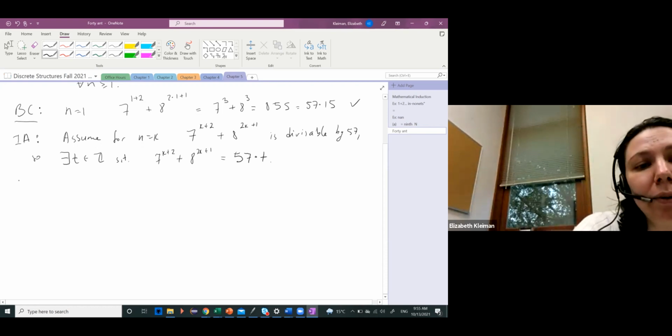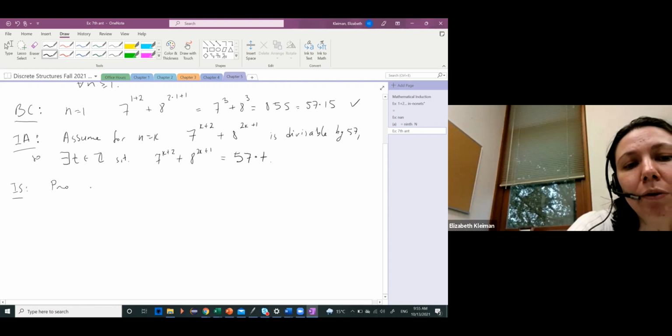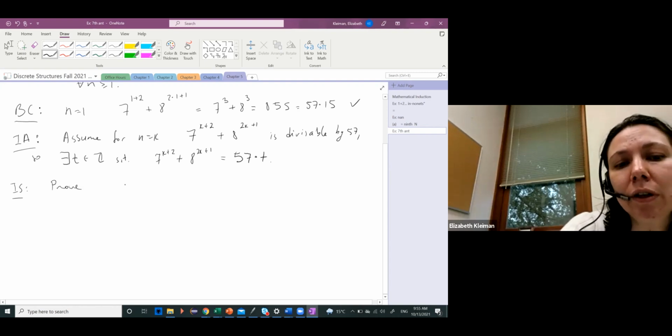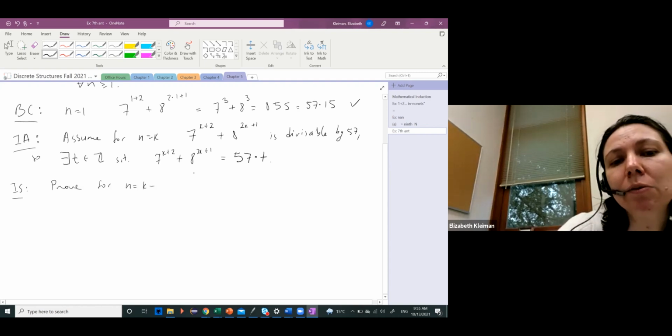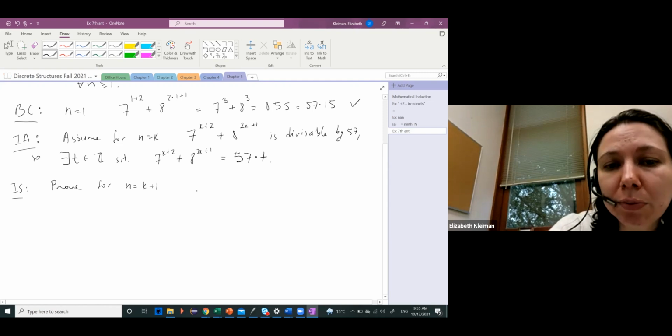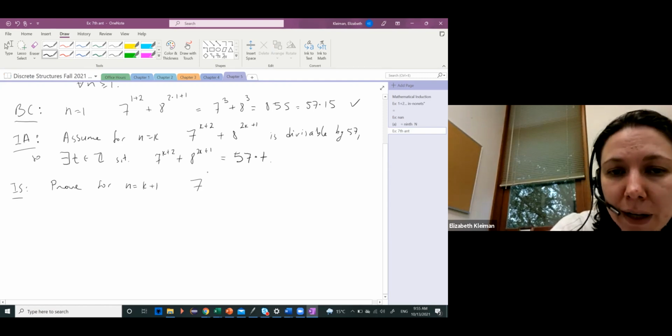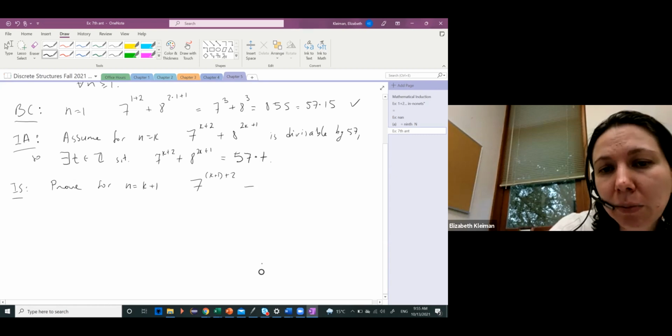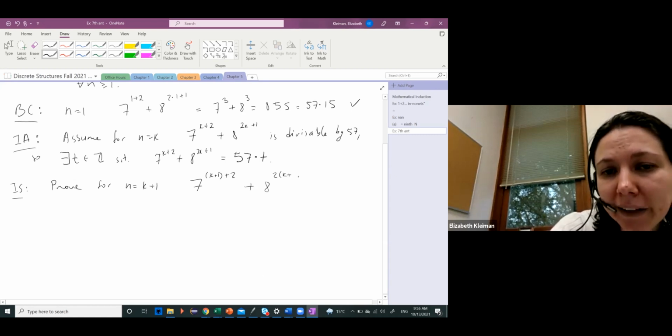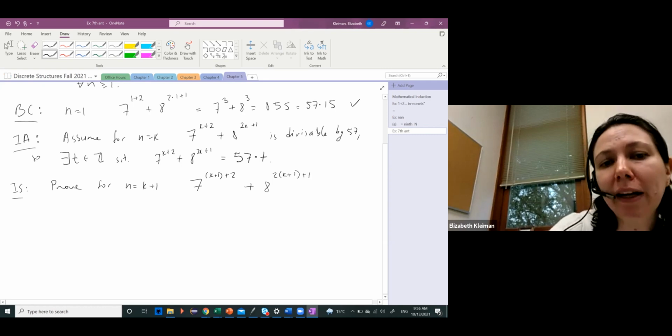So now we're going to be doing the induction step. Proof for n equal k plus 1. We want to prove 7 to the power k plus 1 plus 2 plus 8 to the power 2 times (k plus 1) plus 1. Again, I replace the n everywhere by k plus 1.